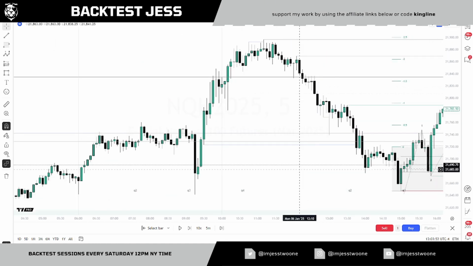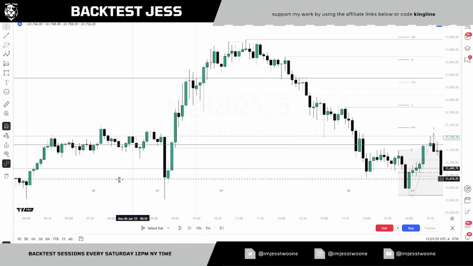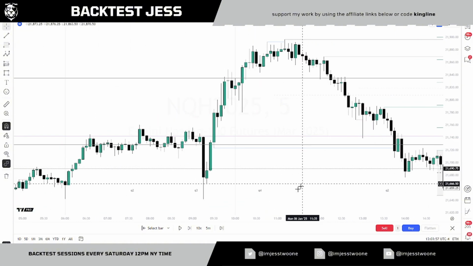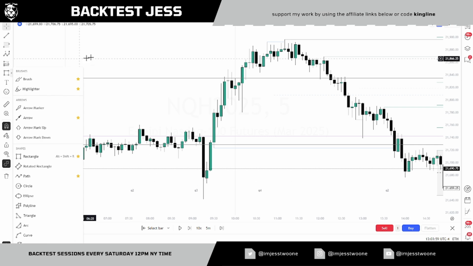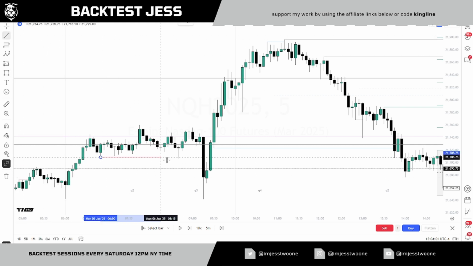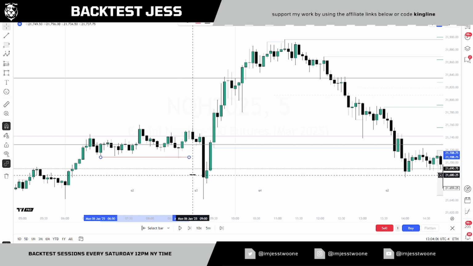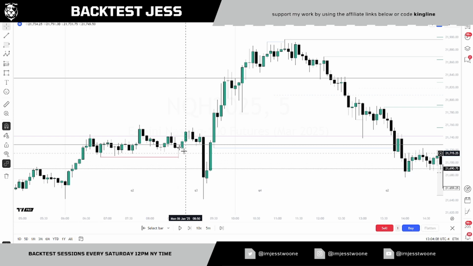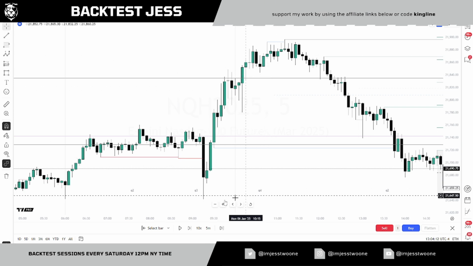This is my whole model, guys. Let's just imagine there's session liquidity here. My whole model is when we have, let's say this is Asia low, and even better if this is London low, and this is New York delivery.